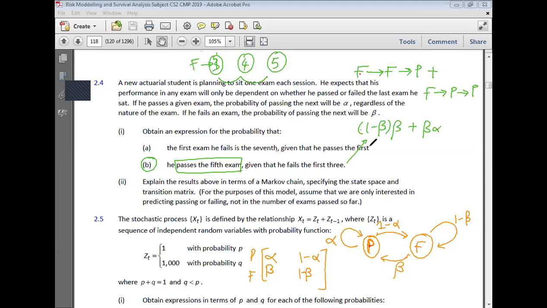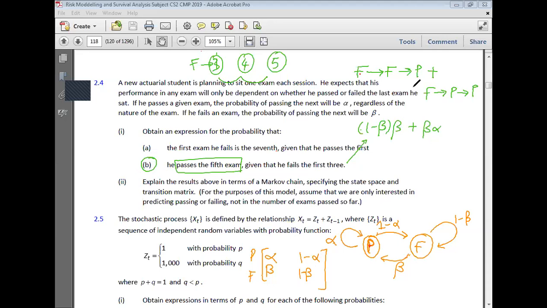Ma'am, I think it would be beta into alpha square because till 3 we know that he has failed the first 3, right? Yeah, so we know that the last exam he took, he has failed that. And this is what I have written F for. Okay, so after that, while he's moving from 3 to 4, will it be beta?